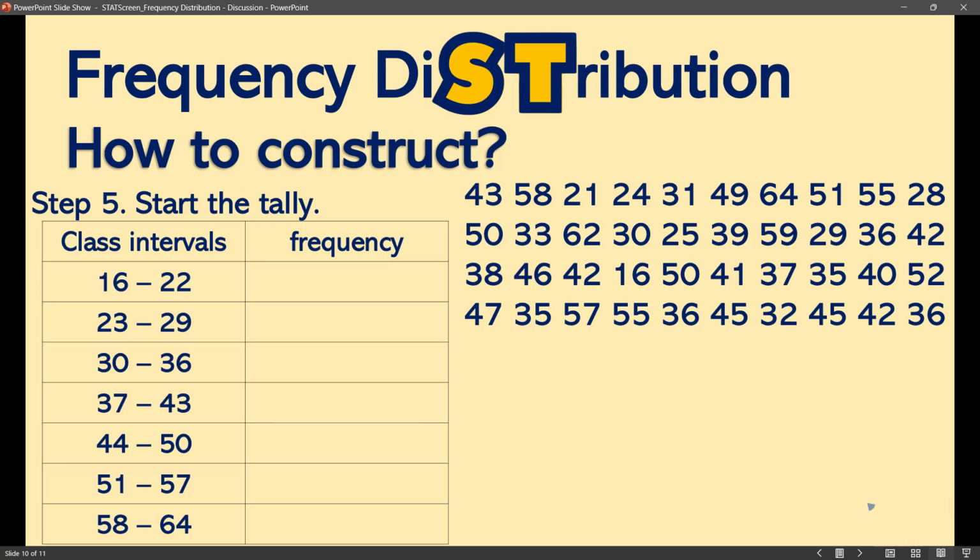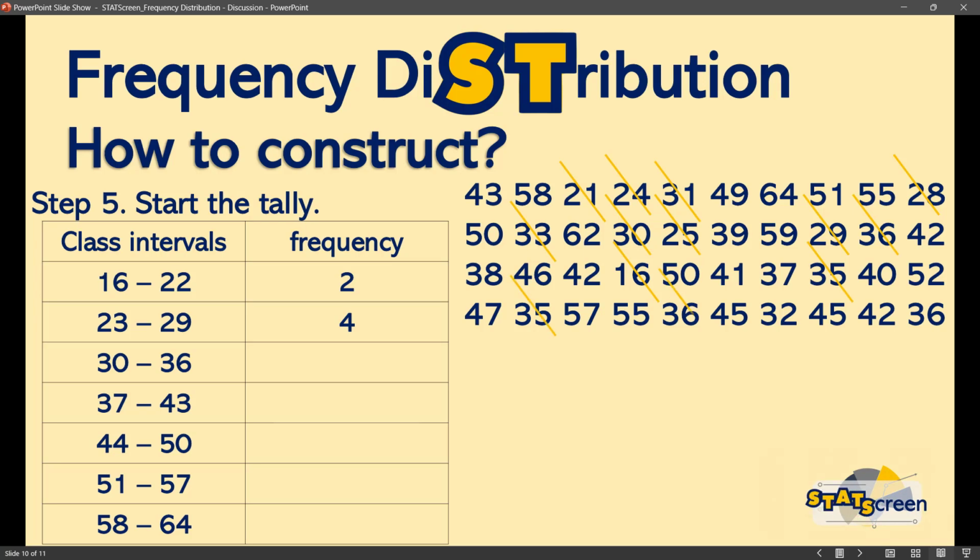So let's start with the first class interval, 16 to 22. You will have 21 and 16 and no more. So you will have a frequency of 2. Next, the class interval of 23 to 29, we have 24, 28, 25, and 29, a total of 4 observations.